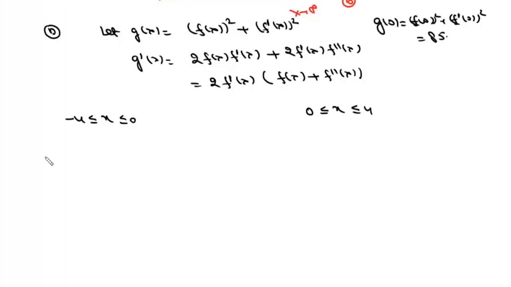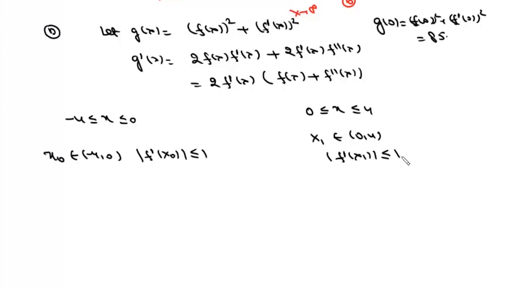Then from this statement we can say there exists some point x0 which lies between -4 and 0 such that mod of f dash x0 will be less than or equal to 1. In the same way we can prove it from 0 to 4 also. So here we'll get some x1 lying between 0 and 4 such that f dash x1 is less than or equal to 1. Now if f dash x0 is less than or equal to 1, we can write f dash x0 square will also be less than or equal to 1.